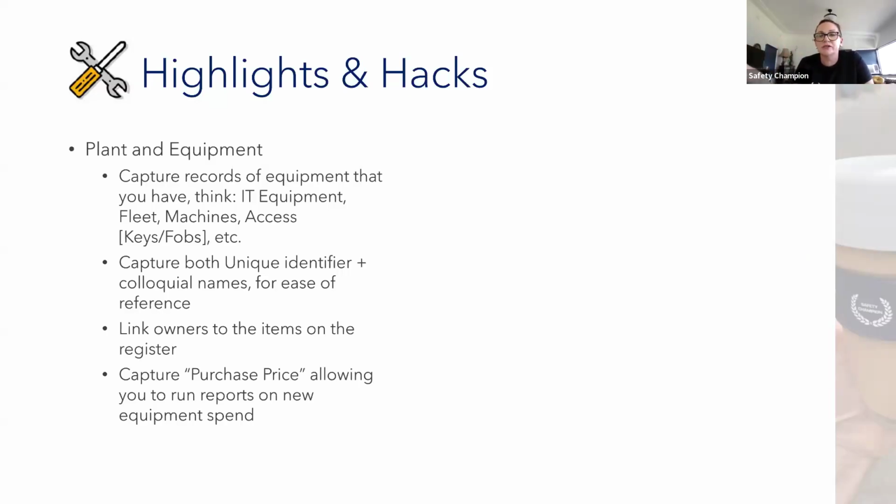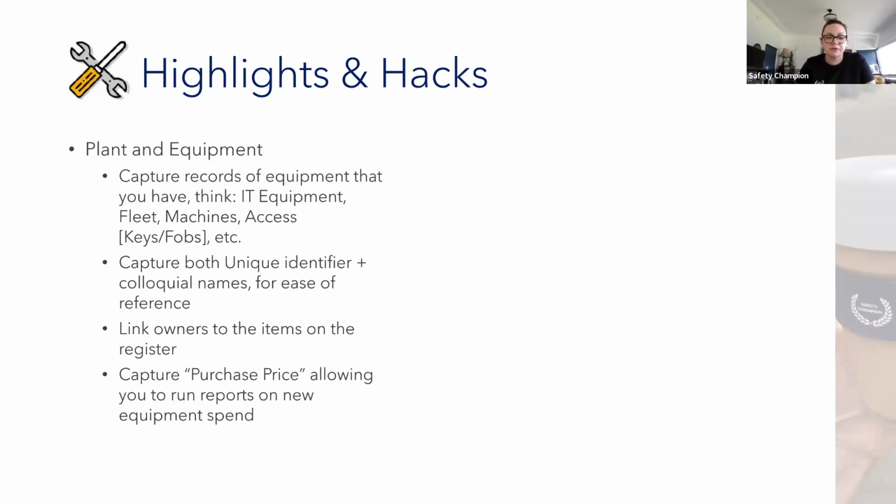Again, you can link the owners. So if it's PPE, you can link that to specific people, employees within your organization. And then you can capture your pricing as well, so that you can plan for equipment spends and things like that. So it's more around managing what we currently have, reviewing. You might have vehicles that are on a lifespan or a schedule for replacement, or computing equipment, that sort of thing, where we like to replace it every 5 years.